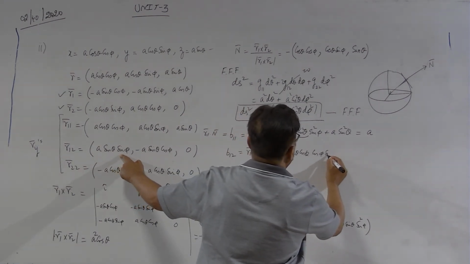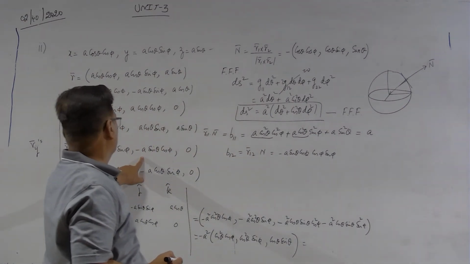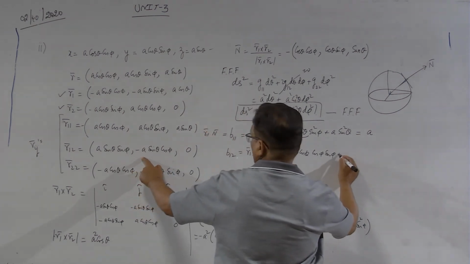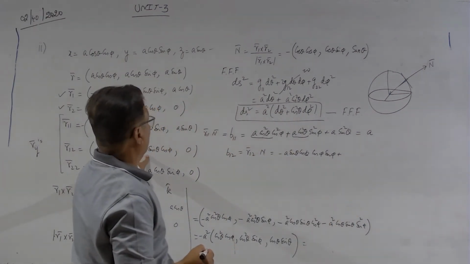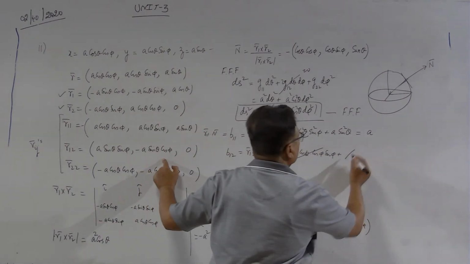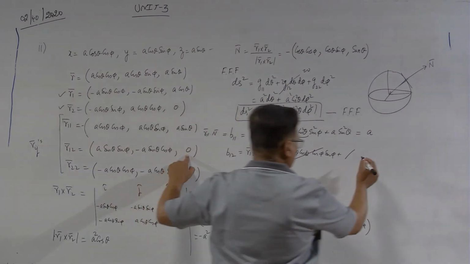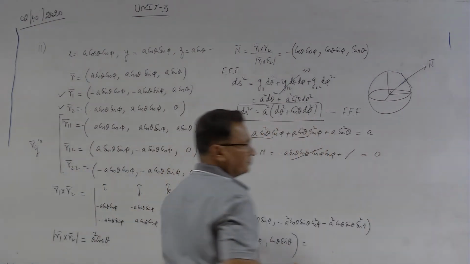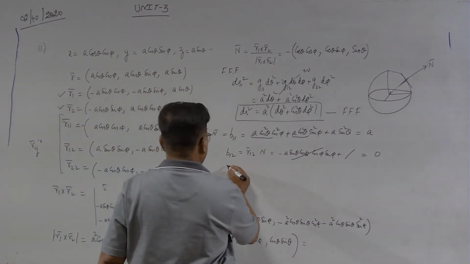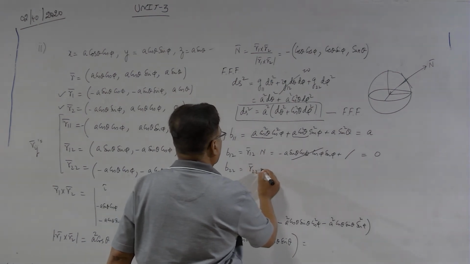And here also minus minus plus A sin theta cos phi sin phi, both will cancel out with each other, and the last term is already 0. So, this is also 0.